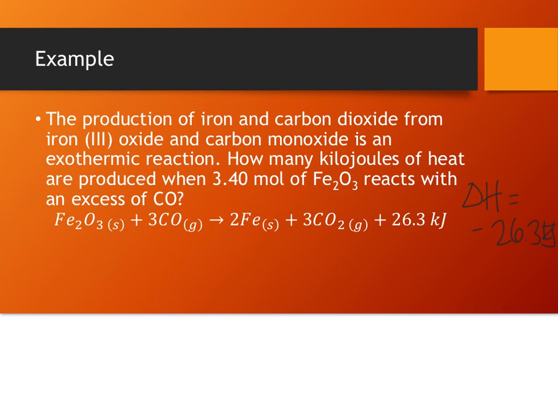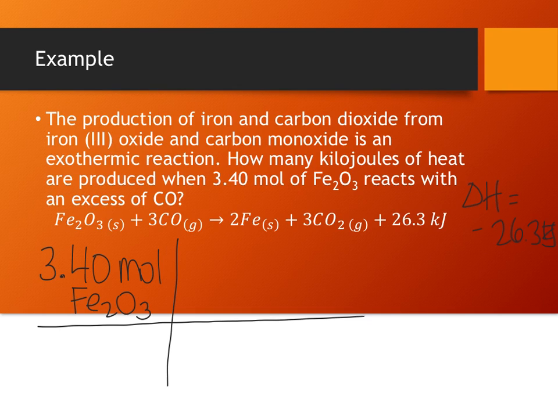So they're asking, what about 3.4 moles? Well, this is kind of like stoichiometry, and I know that'll scare some of you, but it's much, much easier. So we are starting with 3.40 moles of Fe2O3. And we're trying to figure out how many kilojoules of heat are produced.